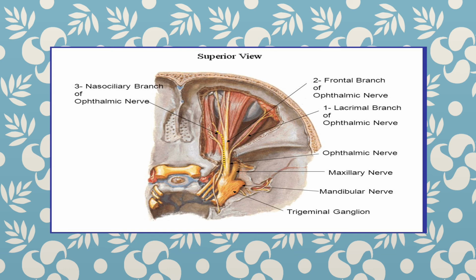Inferiorly, you will see the motor root, the greater petrosal nerve, the apex of the petrous temporal bone, and the foramen lacerum. Medially, there is the body of the sphenoid, so there will be the posterior part of the lateral wall of the cavernous sinus and the internal carotid artery with its sympathetic plexus.